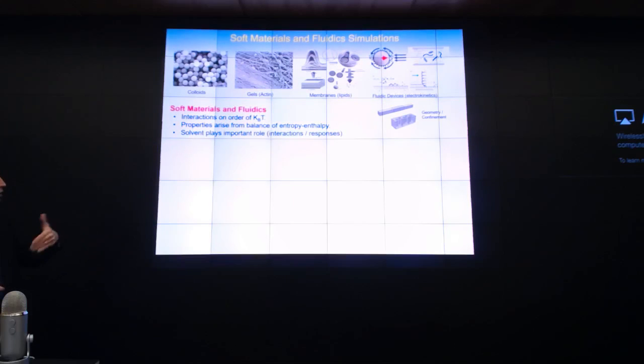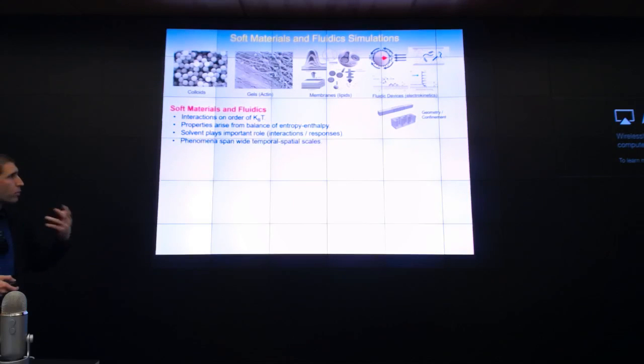And so there's often a subtle interplay between entropy and enthalpy in the bulk material responses that you would get. Also in these systems, when you subject them to things like shear, the hydrodynamic coupling between the microstructures also plays a really important role.